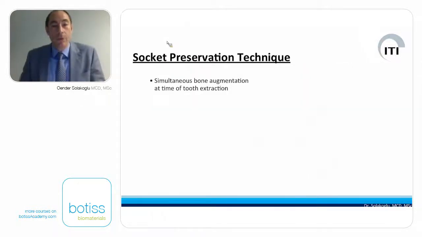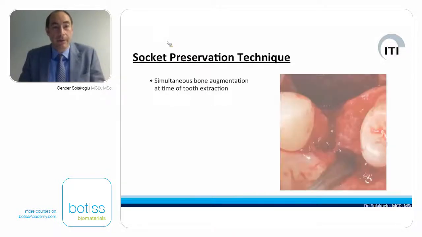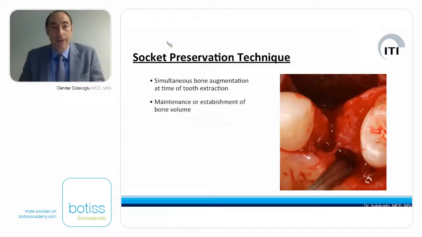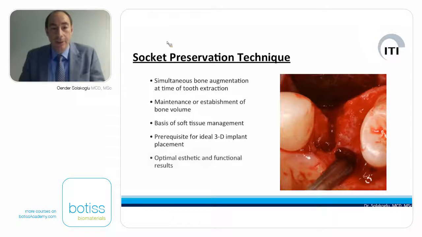So we could basically summarize that the socket preservation techniques during the extraction of the tooth give us stability of bone volume, which is the basis for the soft tissue management, and in most instances, especially if you extract a tooth after a huge infection, it's the prerequisite for an ideal three-dimensional implant placement.